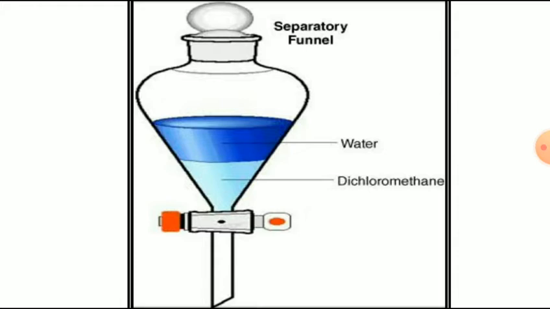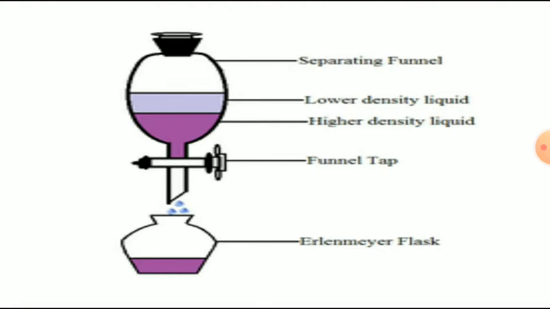So this is the diagram of the separatory funnel. Now we will see it again in detail. This is the separatory funnel, and this will be the flask, or say beaker. The separating funnel consists of a lower layer and an upper layer. We don't know exactly which will be which, either organic or water.